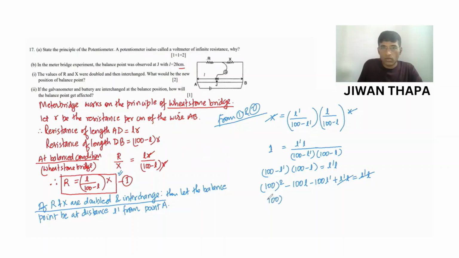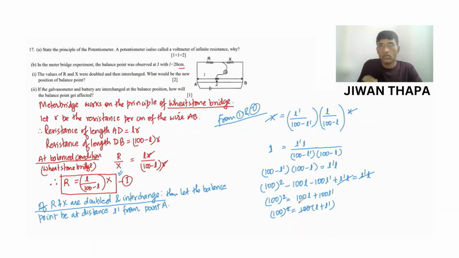So on rearranging, you can take 100 common on right hand side.